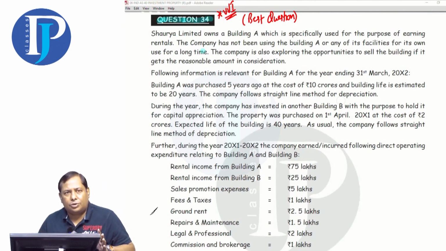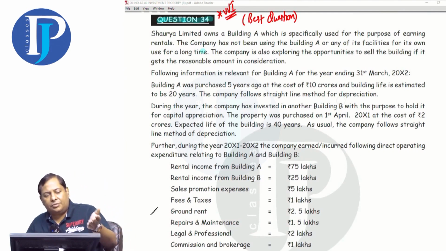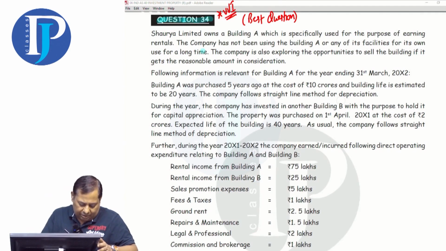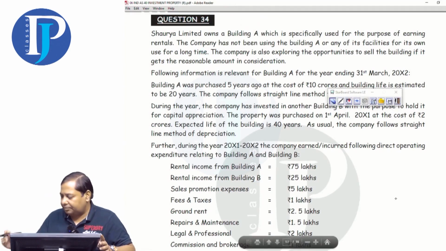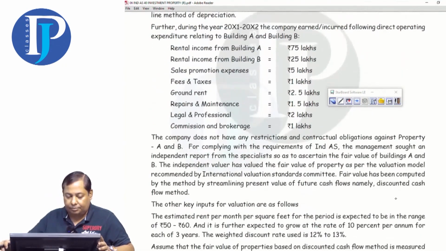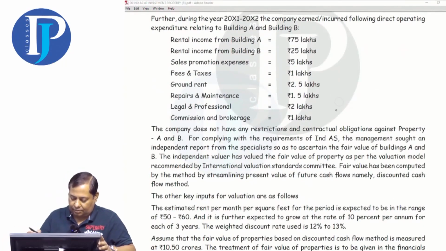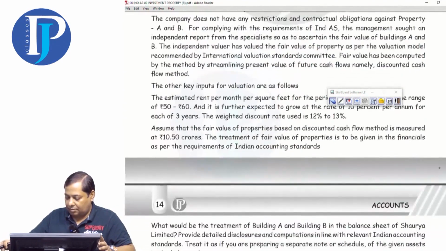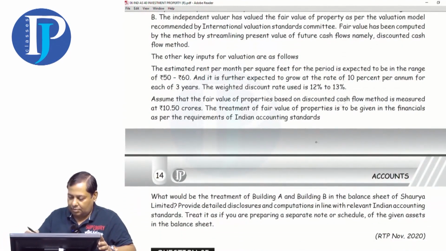The course content has come from the old scheme to the new scheme, but Ind AS were there before and still there. That's why I have kept your RTP, MTP and past exam papers with me. And the question I have displayed on screen is from RTP November 20.